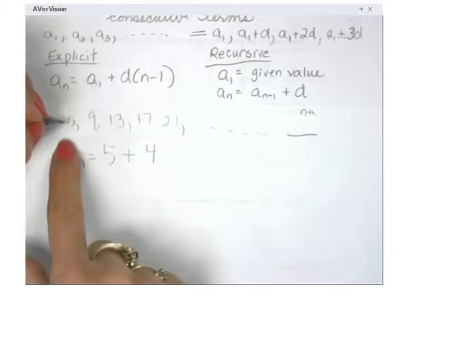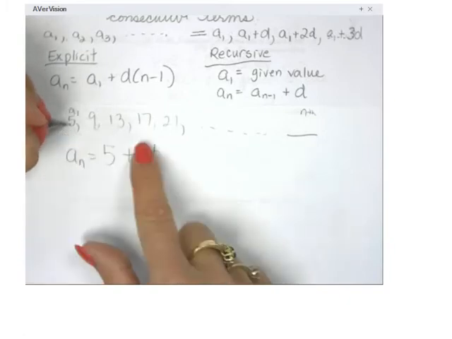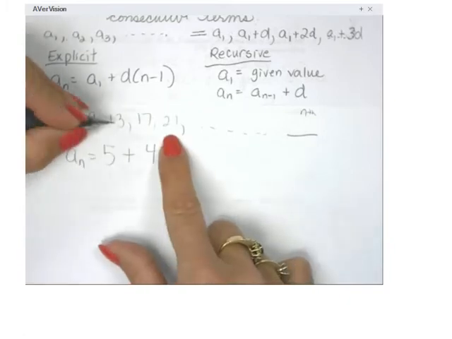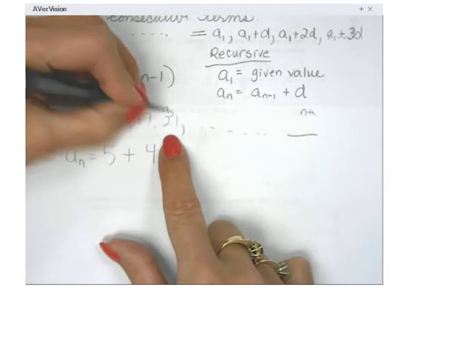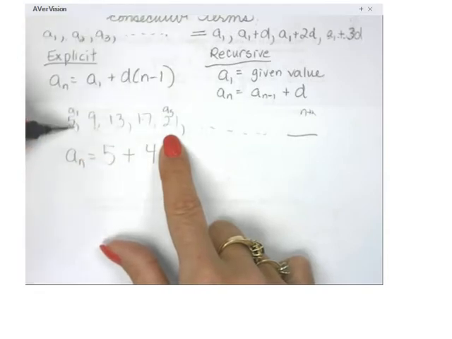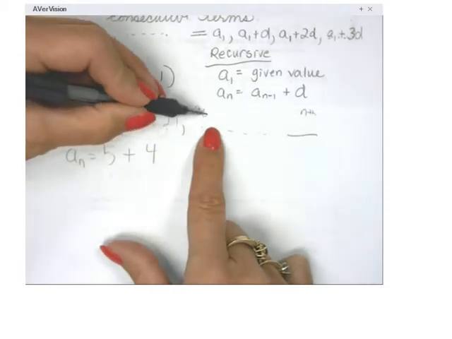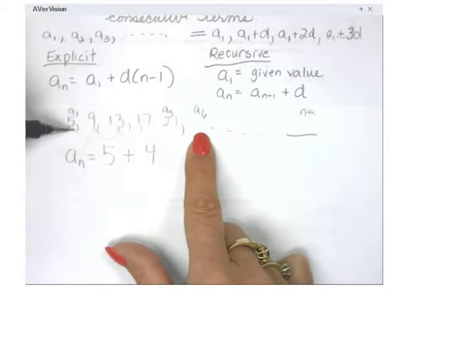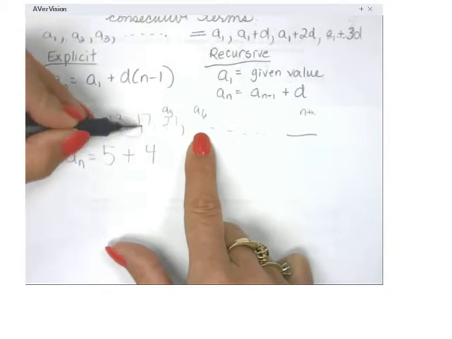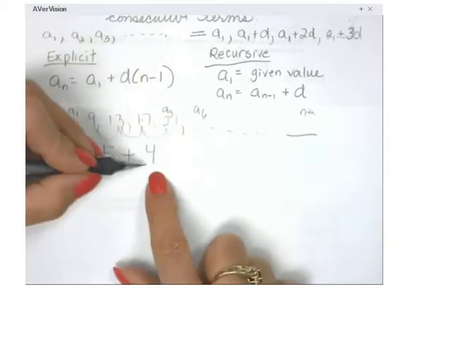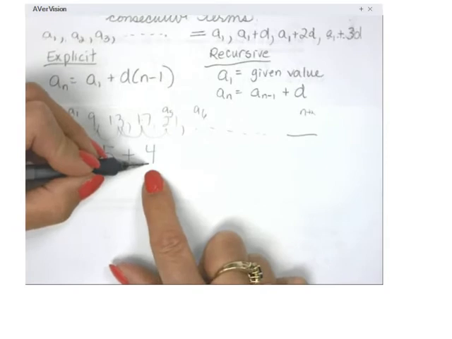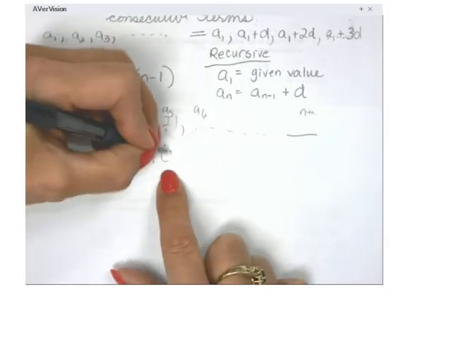To get from the first term to the fifth term, notice that I have to add on 4, 1, 2, 3, 4 times. To get to the sixth term, I would have to add on 4, 1, 2, 3, 4, 5 times. So I'm always adding on the common difference n minus 1 times.